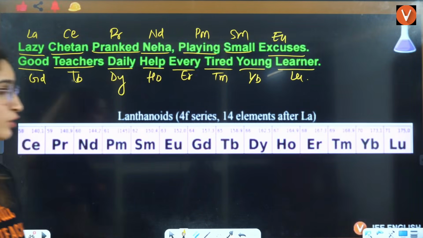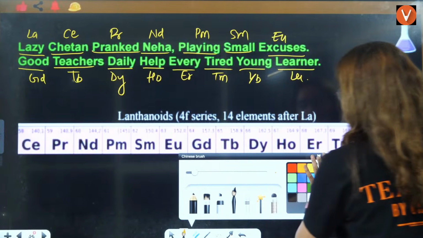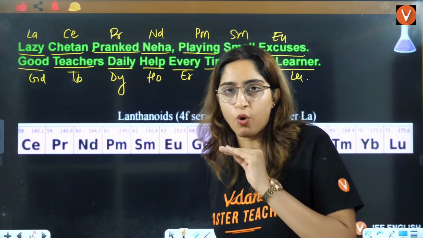So the lanthanoids are very important for you. You should remember all of these together.